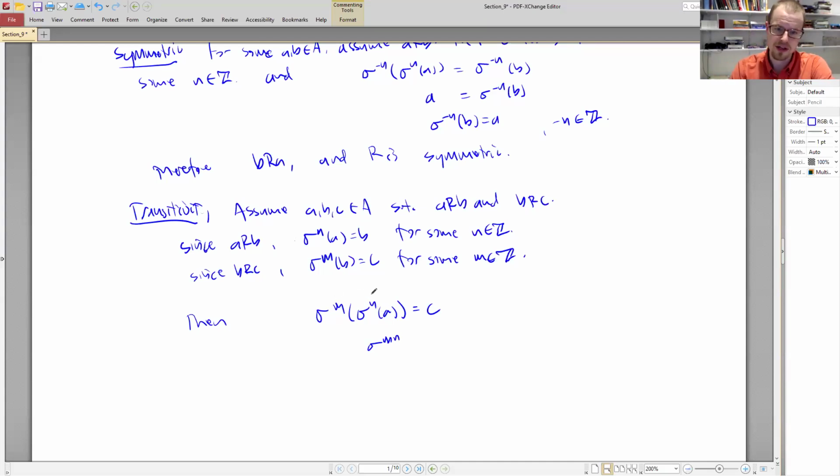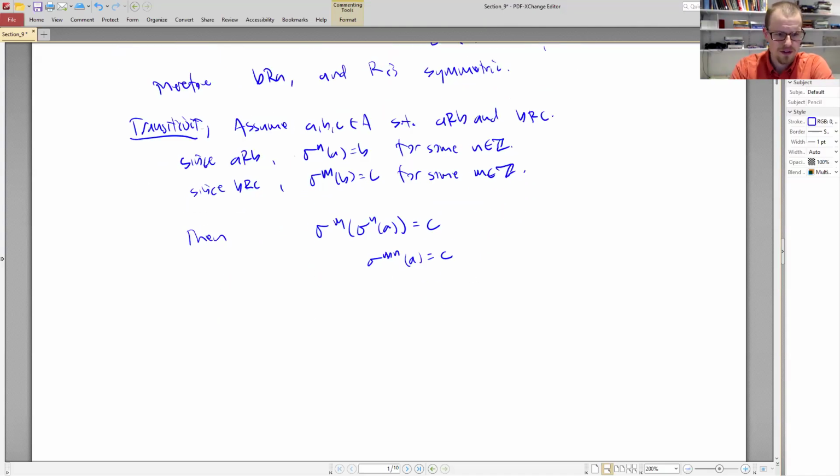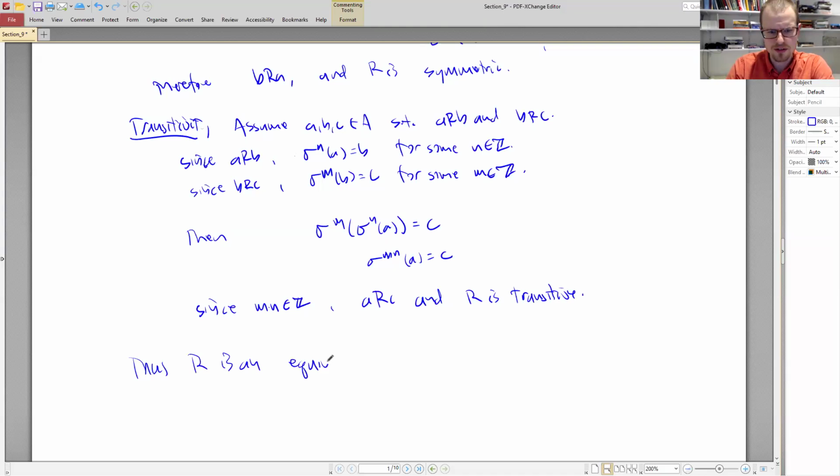So n once, n twice, n three times, and so on, of a is equal to c. Since m times n is still an integer, we get that a is related to c and R is transitive. Thus, R is an equivalence relation.